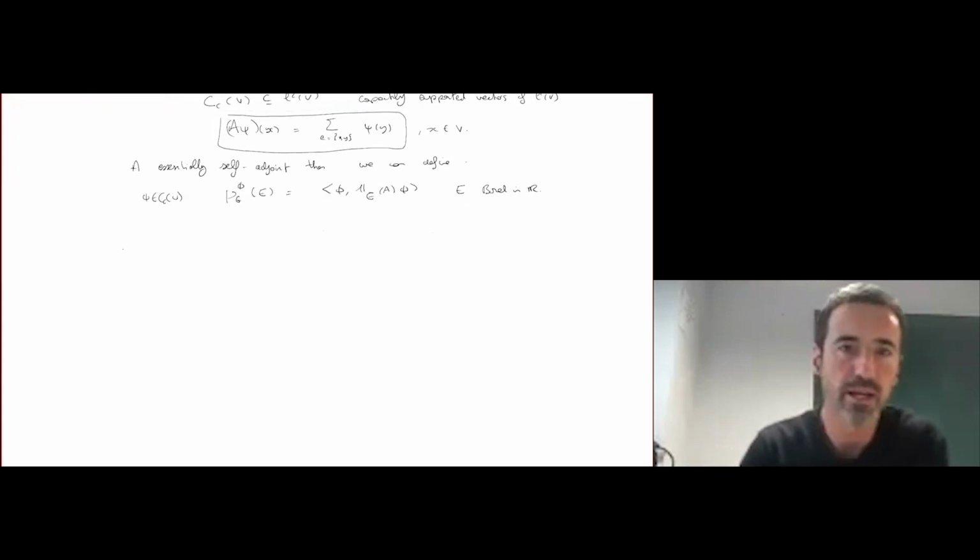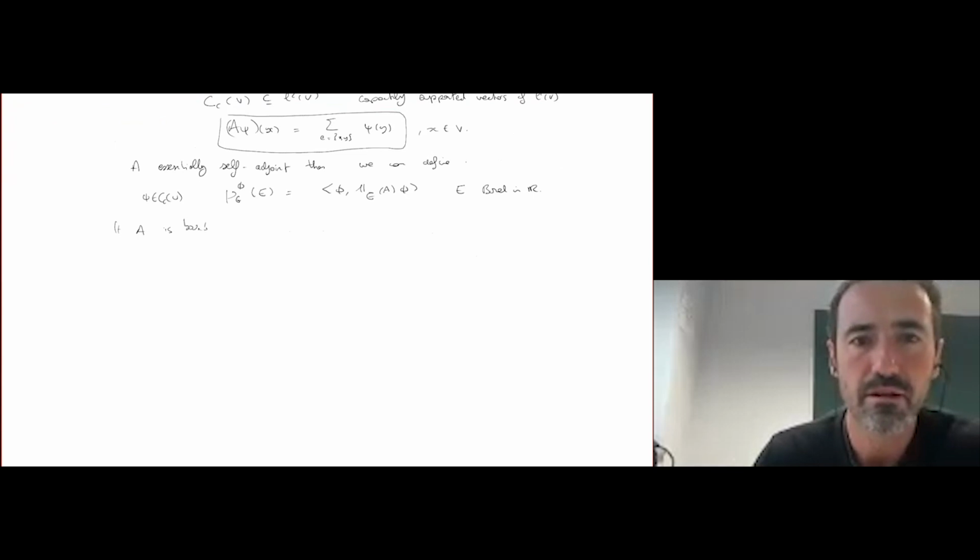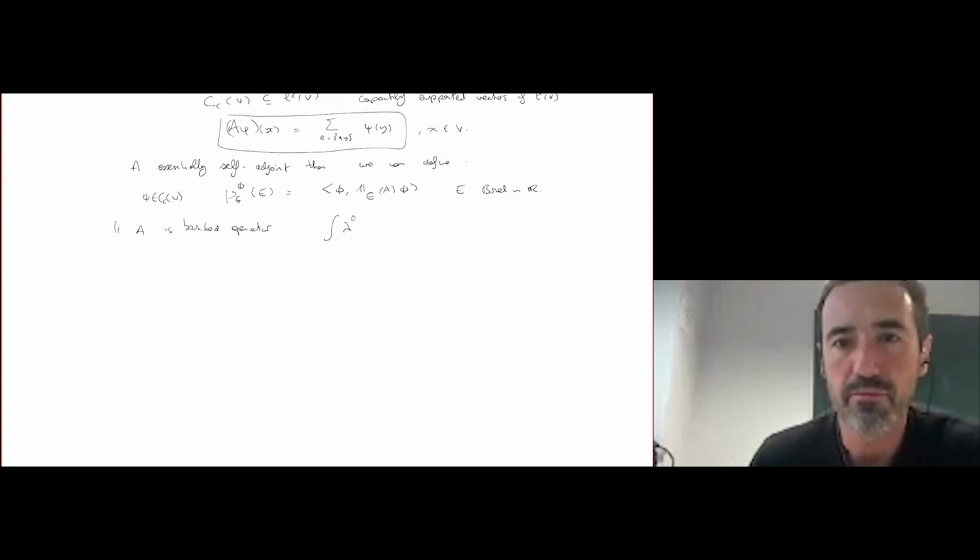And for example, if A is a bounded operator, so when the degrees are bounded, and in other cases when the moments make sense, you can define the moments of this measure at a vector.